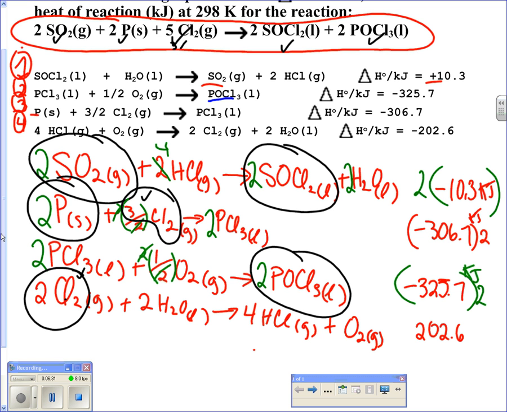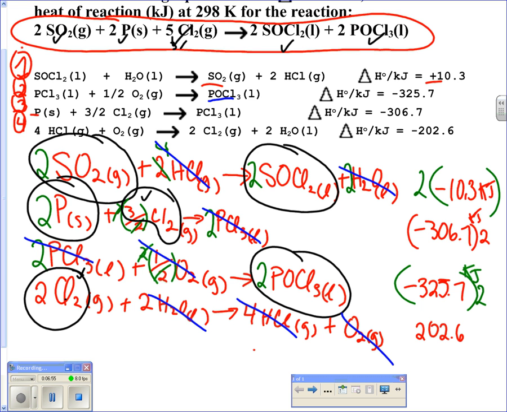I need to get rid of the HCl. I have 4 HCl's over here and 4 HCl's over there, so that one's gone. I have 2 waters on each side. It's just like playing Go Fish. I have 2 POCl3s as a product and 2 as a reactant. And I have 1 O2 over here and 1 O2 over there.